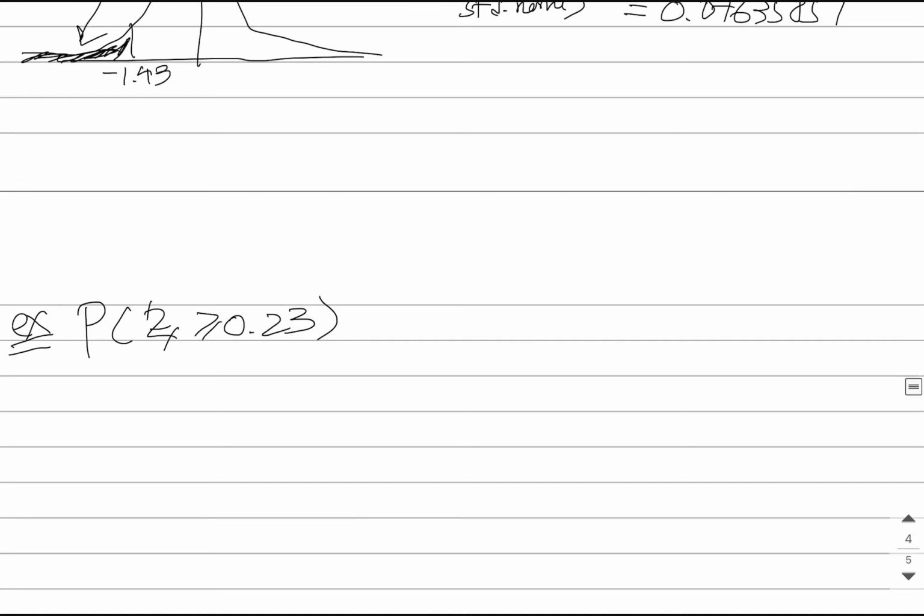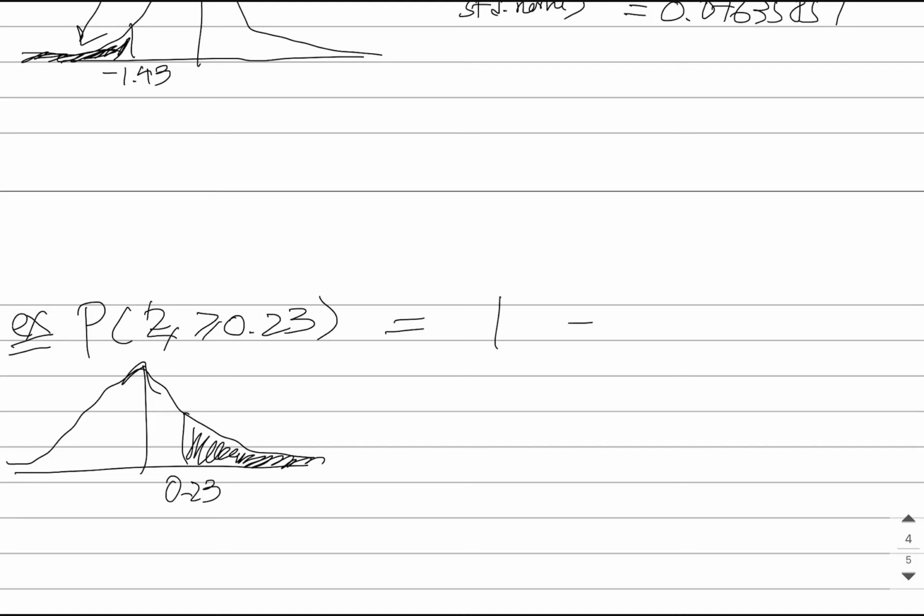So for example, if we are given a question about figuring areas to the right, that isn't going to work for us because we don't have a tool that allows us to calculate areas to the right. We only have a tool that allows us to calculate areas to the left. So since we know the total area underneath the curve is equal to 1 because it's a density property, we can rewrite this as a left area.